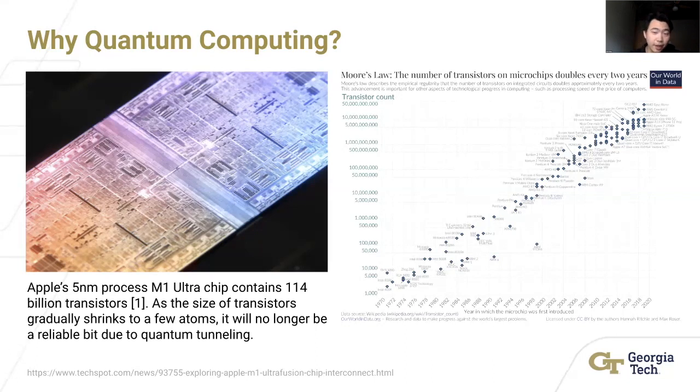This has kept going well for the past 50 years. On the left, I have a picture of Apple's 5 nanometer process M1 chip, which contains over 100 billion transistors, still on the right track of Moore's law, as you can see in the right graph, which goes up to 2020.